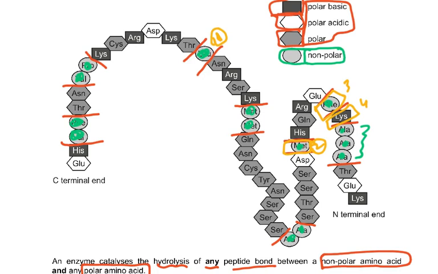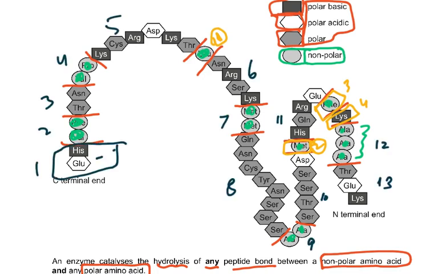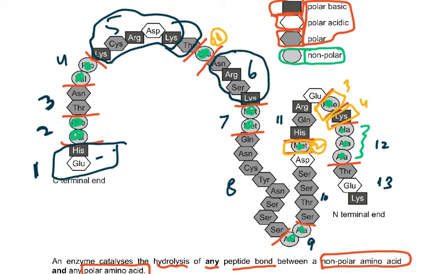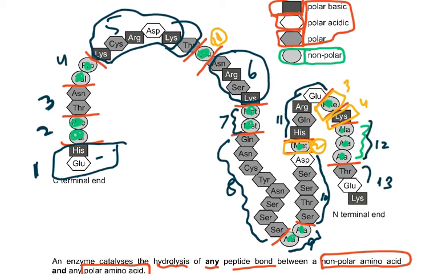Now I just want to number those. You can see I've just numbered them. So this is 1, this is the second one made of 2 amino acids, then 3, then 4, and then 5 is this one from here to here, and then 6 is this one from here to here, and then 7 is this one, and then 8 is this entire one up to here, and then 9 is these 2 amino acids, and then 10 is this one up to here, and then 11 is this whole thing up to here, and then 12 is this one, and 13 is this one.